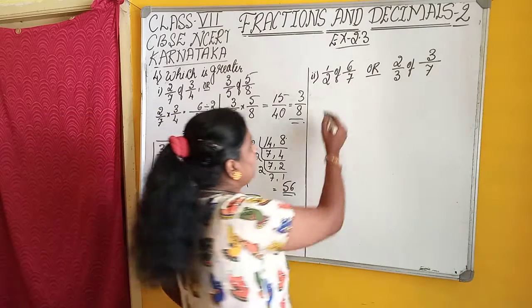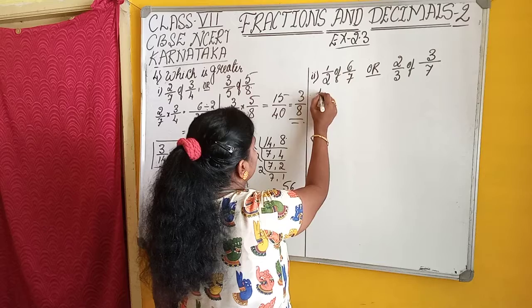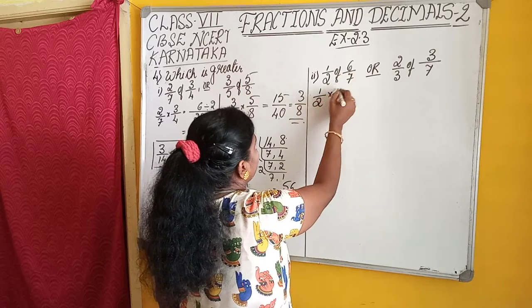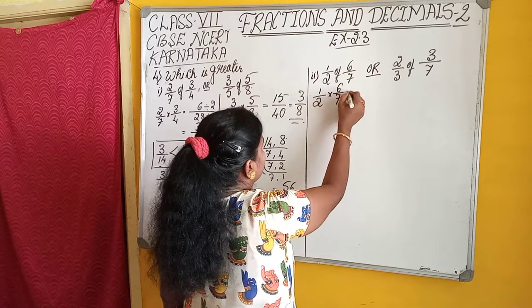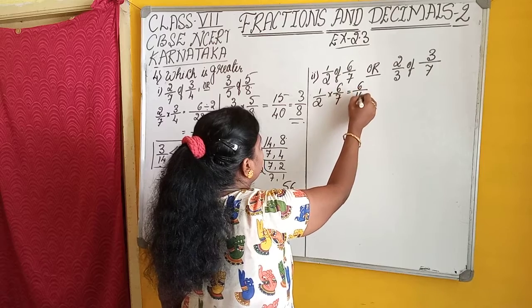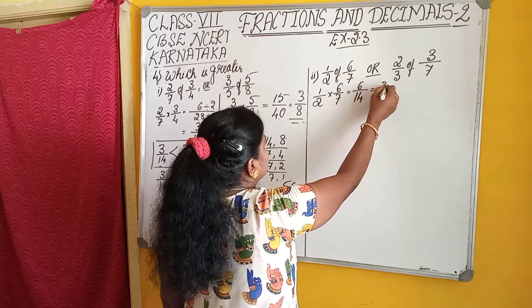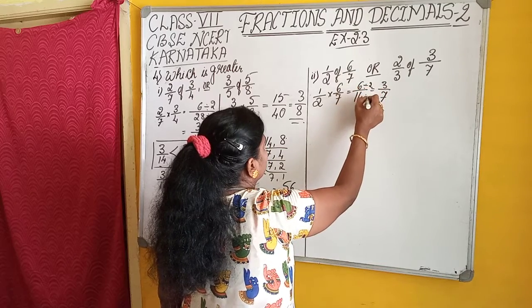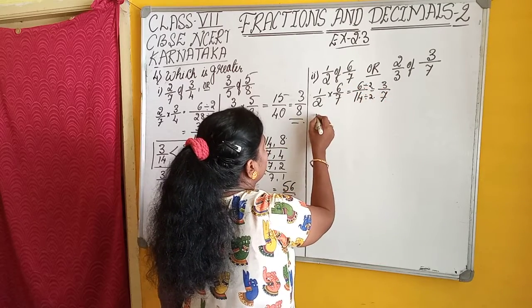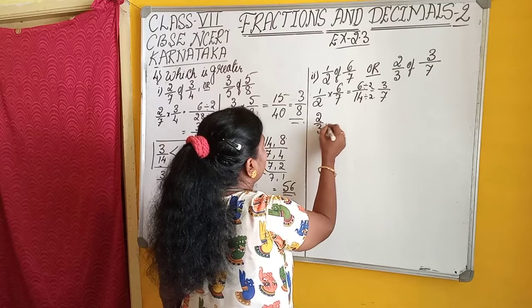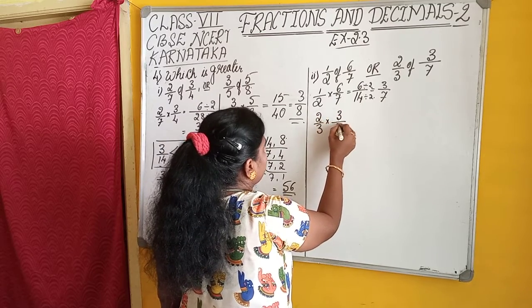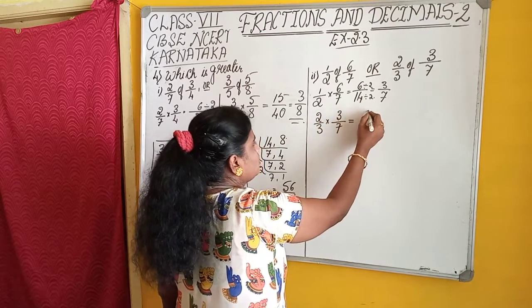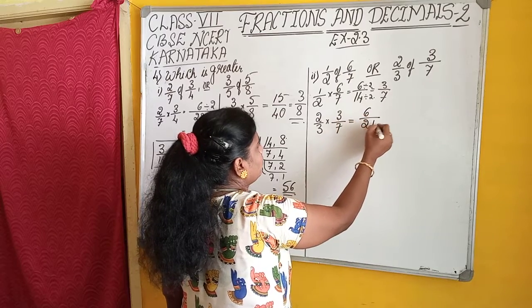Here 1 by 2 of 6 by 7 is equal to 1 by 2 into 6 by 7, that is 6 by 14. It is 2 3s are 6, 2 7s are 14, divided by 2. Okay, next, 2 by 3 of 3 by 7: 3 2s are 6 by 21.